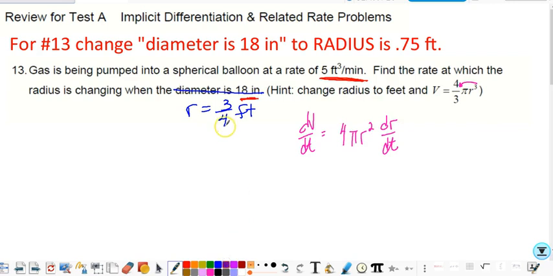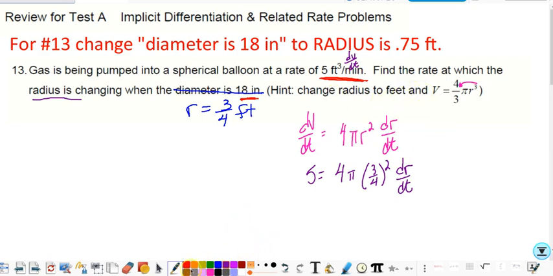I have r. This is cubed, so this is the volume rate. 5 equals 4 pi (3/4) squared dr/dt. Find the rate. I'm finding the rate the radius is changing, so dr/dt is my variable. That makes sense. That's a good sanity check.